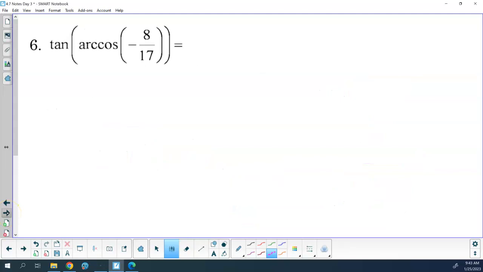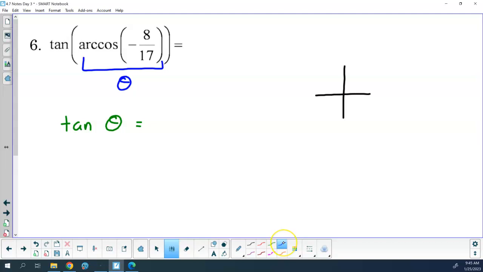You tried the tangent of the arc cosine of -8/17. So the arc cosine of -8/17 is going to give me an angle. And so I'm basically looking for the tangent of that angle. Well, am I in quadrant number 1 or am I in quadrant number 2?